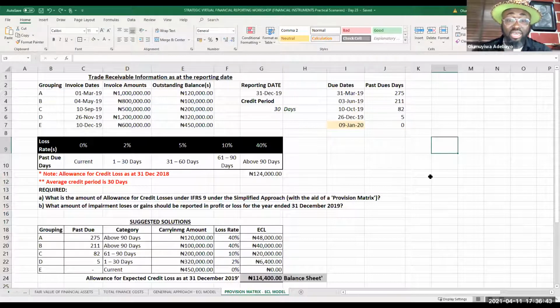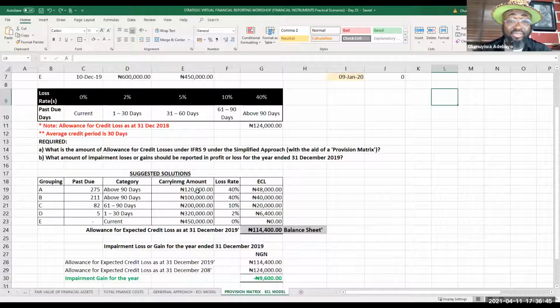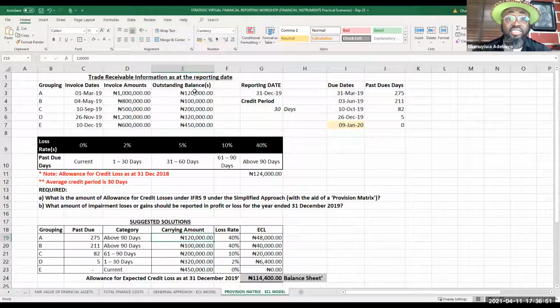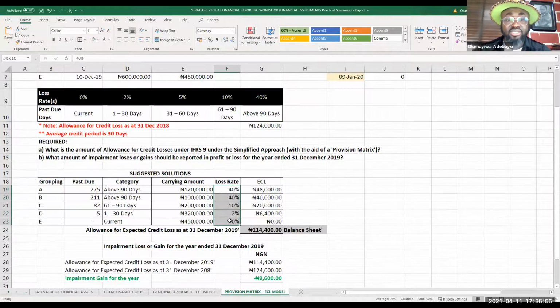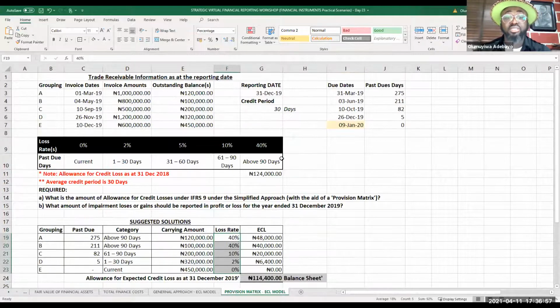Now, that's how we got our grouping. Now, what then do we do as ECL is to multiply the carrying amount, which is the exposure at default, with our loss rate, which we got from our grouping, and link it to this provision matrix.